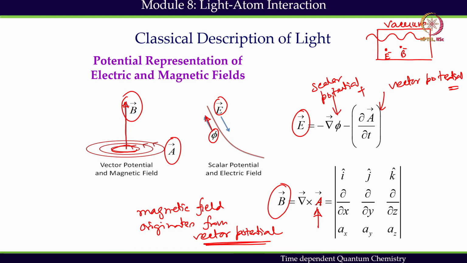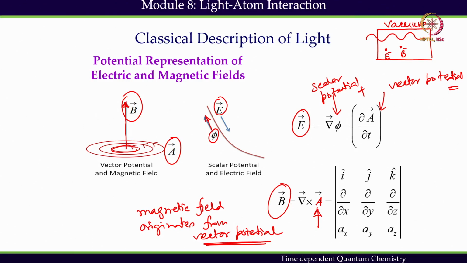So if it is rotating this way, then the field should point along this direction. So that's the way one can imagine how these fields are correlated with the corresponding potentials.